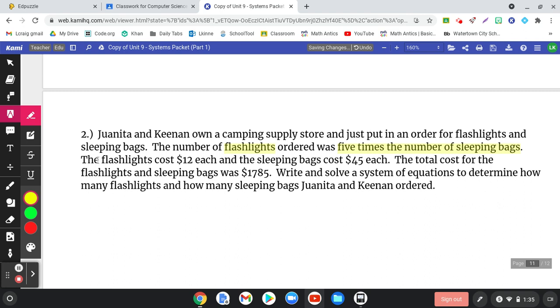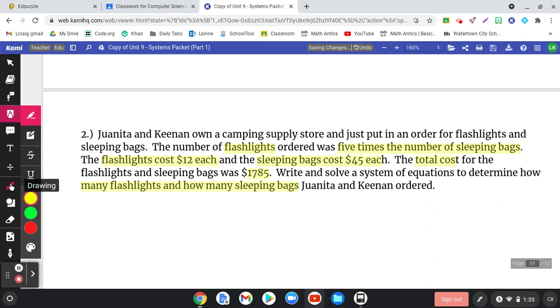The flashlights cost $12 each, and the sleeping bags cost $45 each. The total cost for the flashlights and sleeping bags was $1,785. Write and solve a system of equations, which means 2, to determine how many flashlights and how many sleeping bags. So that's what we're looking for.